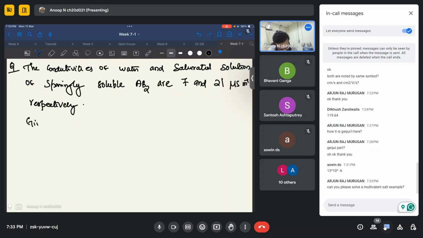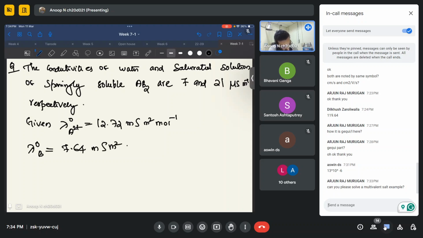Given lambda 0 of A2 plus is equal to 12.72 millisiemens meter squared mole raised to minus 1, and lambda 0 of B minus is equal to 7.64 millisiemens meter squared mole raised to minus 1.